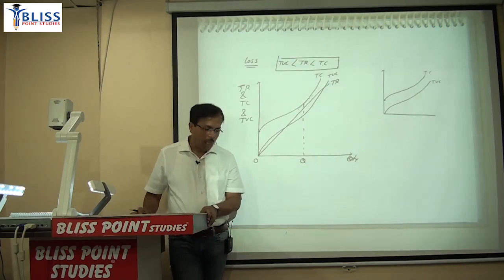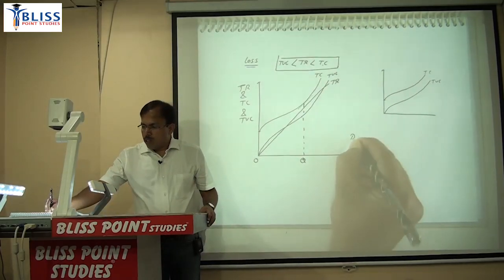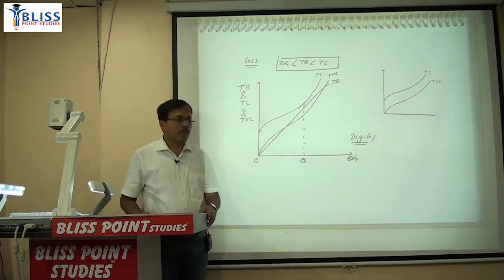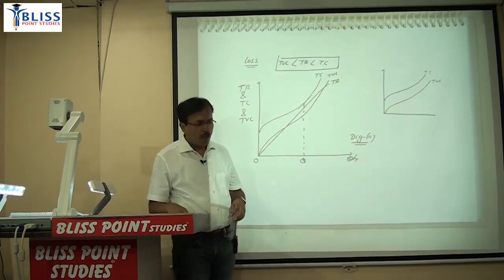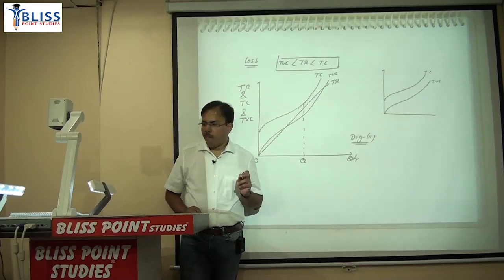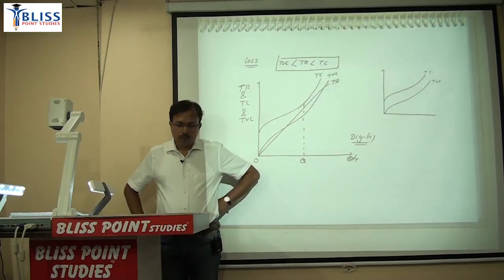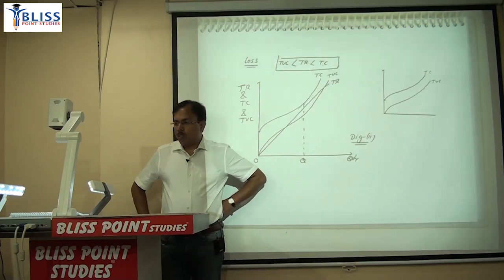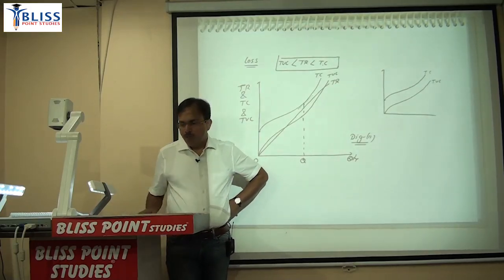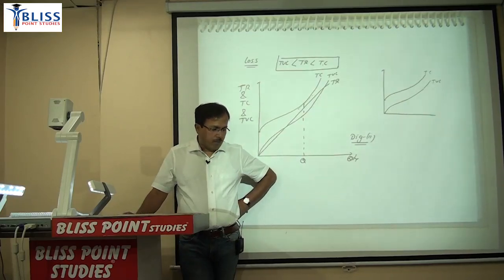Then this is your diagram number 2 for loss. Next paragraph. Below the diagram: however, in short run there could be loss for a competitive firm.